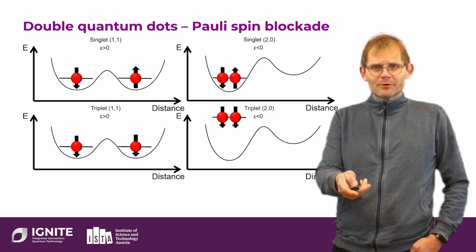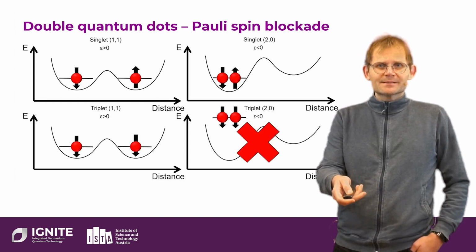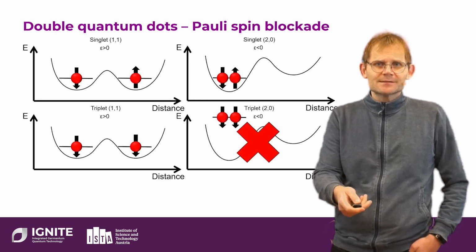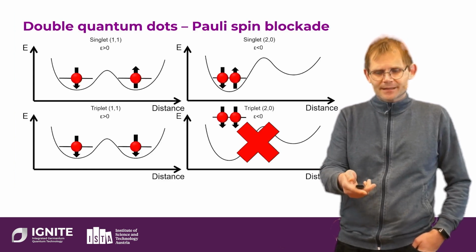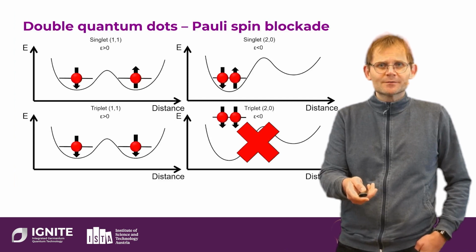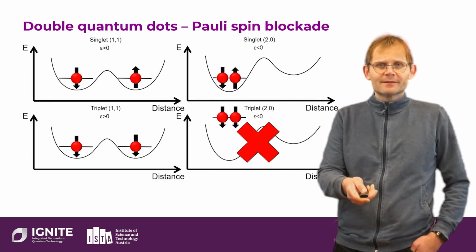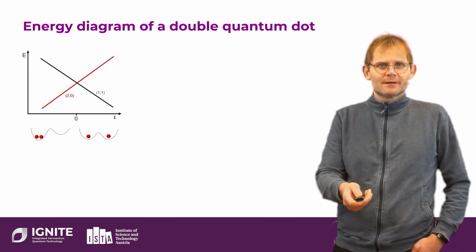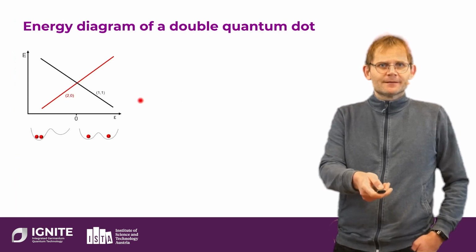However, that is not possible because the triplet (2,0) state is too high in energy and typically non-accessible in our experiment. So let's move on to understand how to operate a singlet-triplet hole spin qubit.